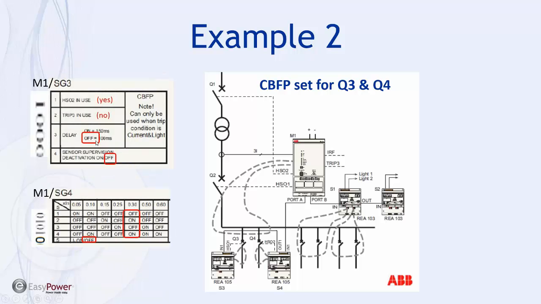For breaker failure, we are going to use high speed, just like before, the high speed output contact 2, so that's the same. In this case, we're not using the ground input, so these switches won't matter because we've turned switch 5 off, which disables the ground input.